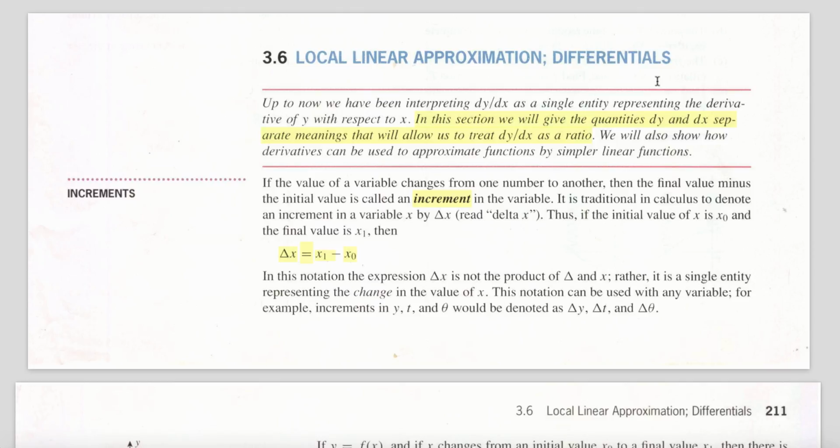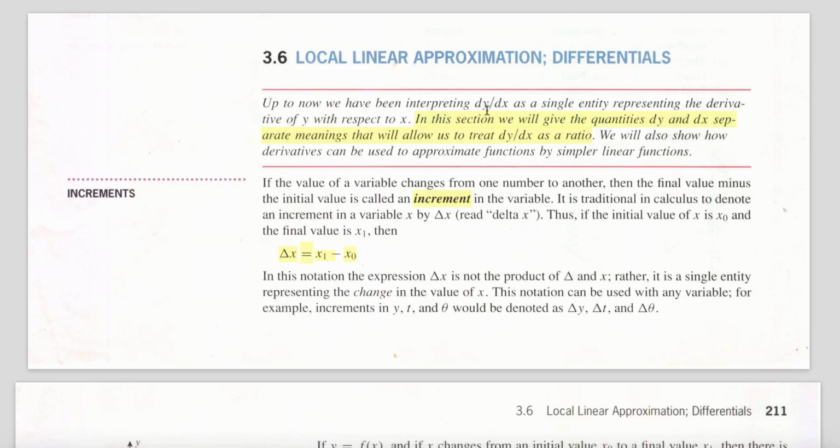Now, interestingly enough, here at the beginning of the lesson, between the two red lines here, it says, up to now we've been interpreting dy dx as a single entity representing the derivative of y with respect to x. That's not true. It's probably true of the textbook, but ever since I introduced dy dx to you in class, I haven't wanted you to think of it as a single entity.